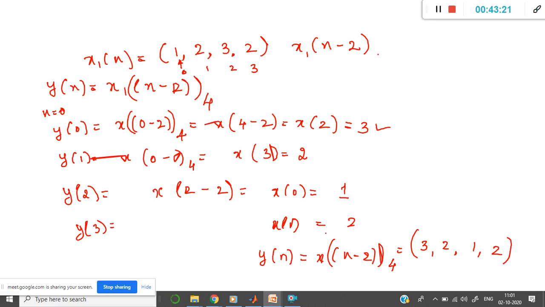So this is how the circular time shift operation is performed.